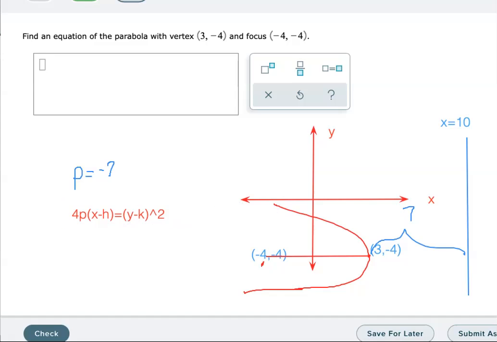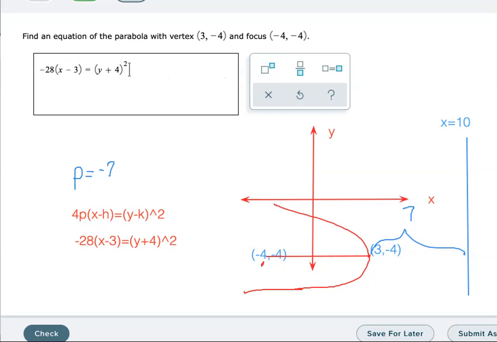And so then we substitute in. 4 times p is 4 times -7, so it's -28, times (x minus 3), because that's the vertex, equal to (y plus 4) quantity squared.